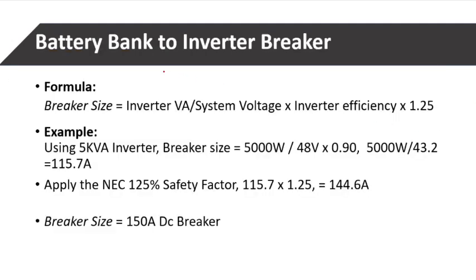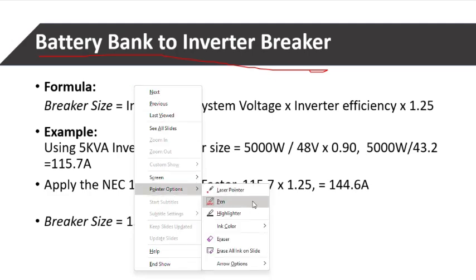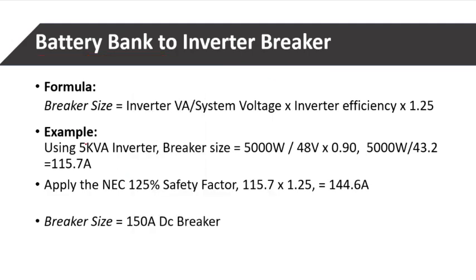Now the next breaker is between your inverter and your battery bank, and the formula for sizing this breaker is your inverter VA divided by your system voltage, multiplied by the inverter efficiency, multiplied by 1.25.